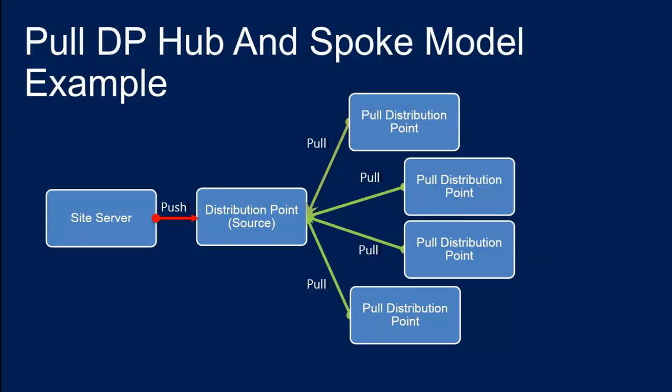Now, from a scale perspective, this opens up new opportunities to support more distribution points on a per-site basis. We're still doing some tests. For SP1, there were still some things that needed to be handled on the distribution manager side. What we found now with the R2 pull DPs is that the number that we can support is growing.